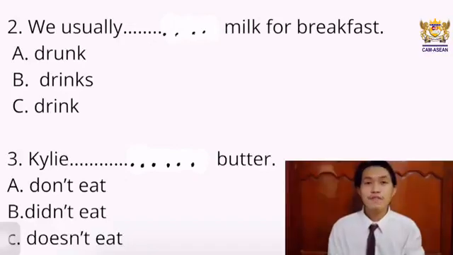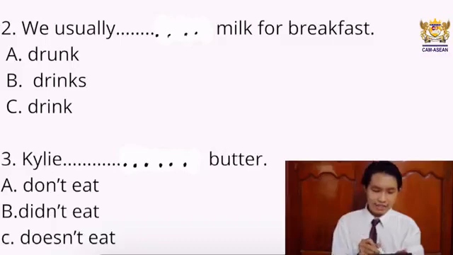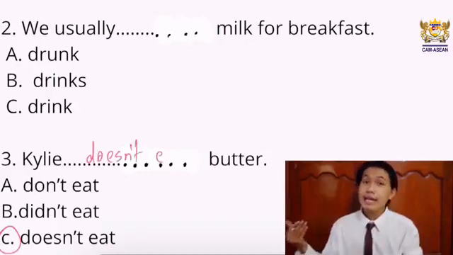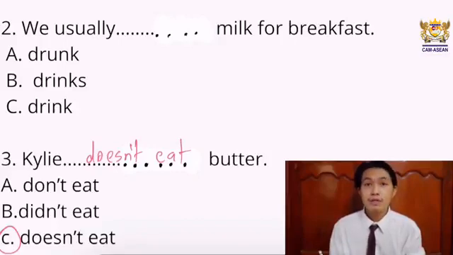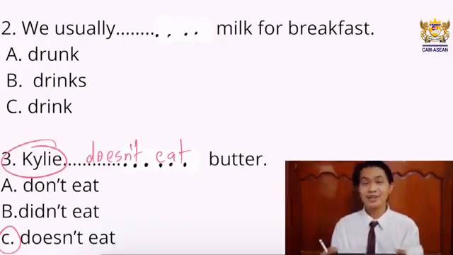The correct answer of this sentence is letter C. Kylie doesn't eat butter, because it is a negative form and Kylie is a third person singular pronoun. Okay, so it has to be doesn't eat butter. Okay, do you understand? Great.